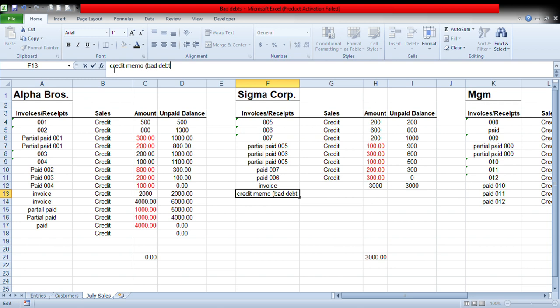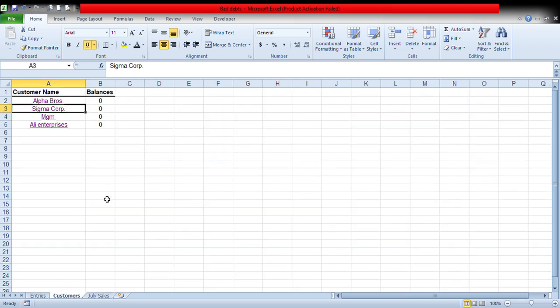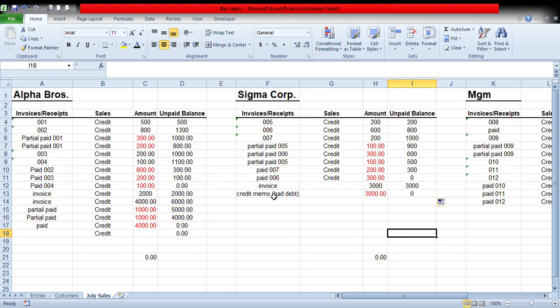For example, credit memo of bad debt, minus 3000. So it will become 0, right? So the customer's receivable balance is 0. But it is a bad debt for you. Understand? You don't need to be happy.